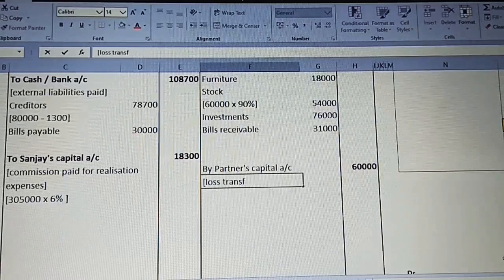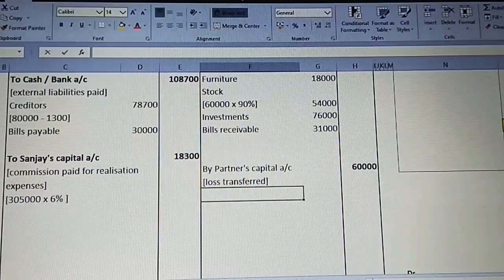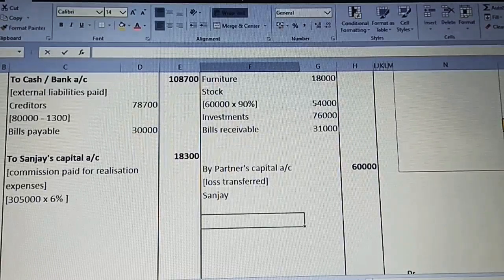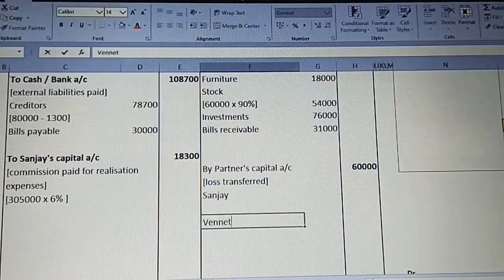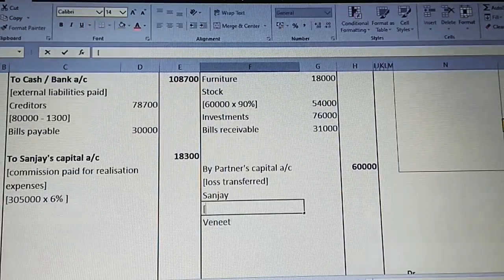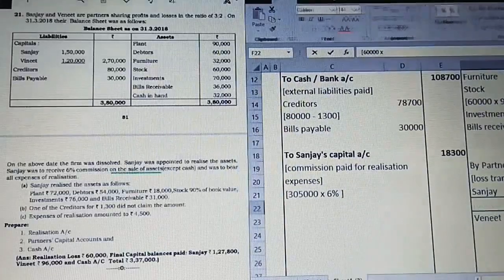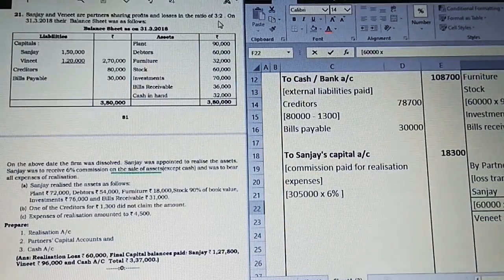We have to mention that loss transferred, and this has to be distributed among Sanjay and Vineet. So let us just take up 60,000 into, what is the ratio given in the question? Now let us observe. The ratio in the question is 3:2.